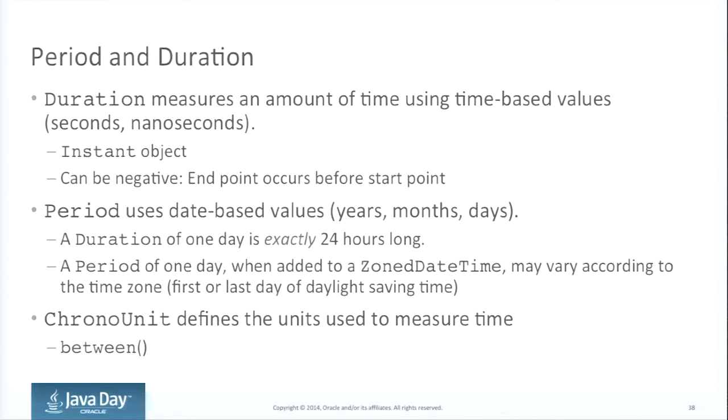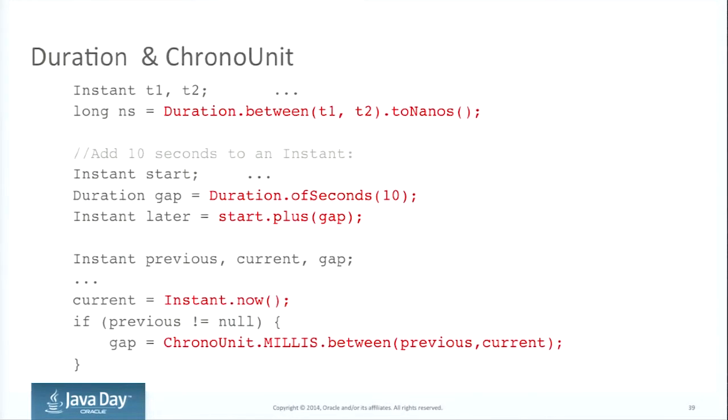We can actually do cool things. For example, if you have two dates, you can find out if an instant is actually between those dates. So here's a little bit of a sample. I have a duration from two instants, and I want to find out how many nanos there are between those two.